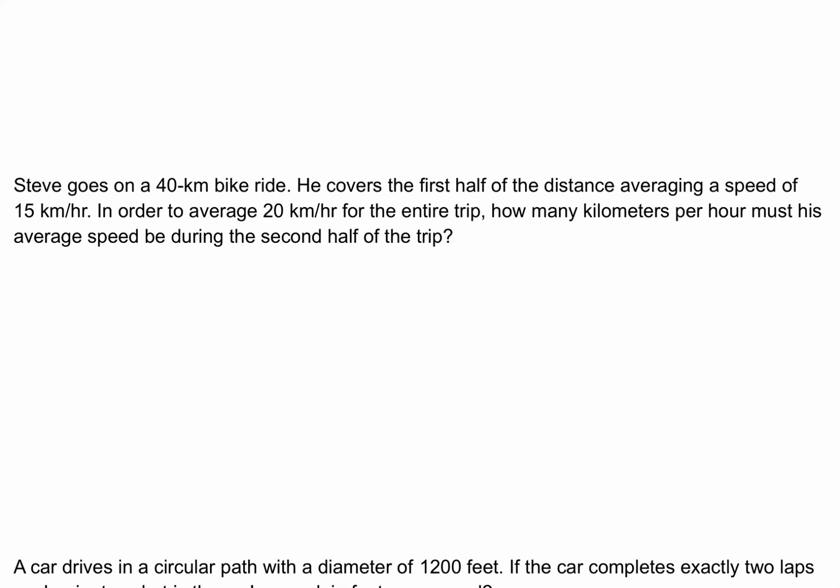But I think a nicer way to solve this would be to consider an equation first. So we have 20 kilometers for the first half over 15 kilometers per hour plus 20 kilometers for the second half over s kilometers per hour, we don't know yet, equals 2 hours, right?